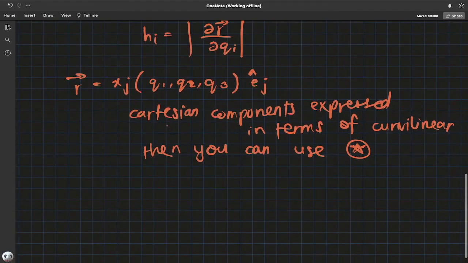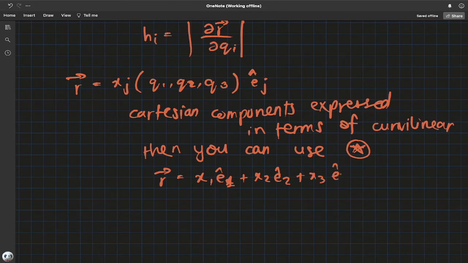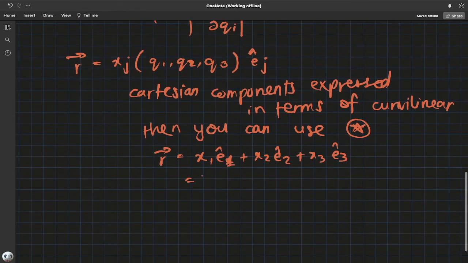So assuming you're working in the cylindrical system, you want to express your position vector, which is generally given as, say, x1 e1 hat, x2 e2 hat, x3 e3 hat, in terms of, say, x1.